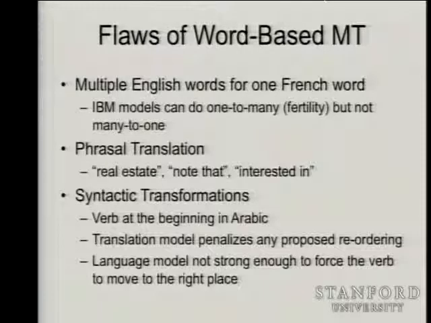And I mean, in particular, if you look at real language, it's just full of all of these, what linguists often call collocations, these little sequences of words that go together. So things like real estate, note that, interested in. Note that many of these aren't conventional phrases in a linguistic sense. So interested in isn't a conventional phrase in a linguistic sense, because interested in soccer, you would say that in soccer is a prepositional phrase.